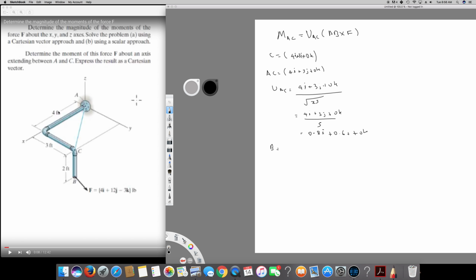B is X is 4, Y is 3, Z is negative 2, so it's 4i plus 3j minus 2k, and AB is going to be the same thing, because B minus 0 0 0 is the same. A is at the origin, that's why.